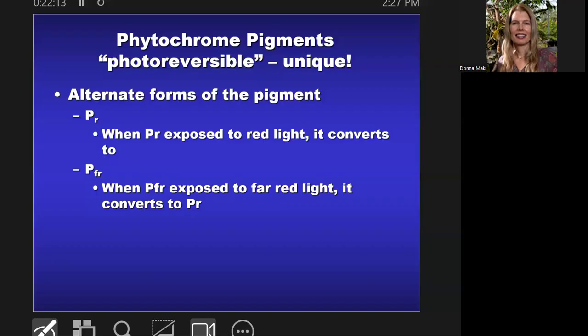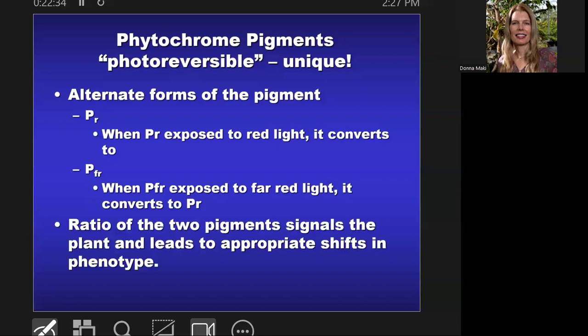So you have to imagine there's a bunch of these pigments in the plant, of course in the leaves. If you think about a forested canopy, some of the leaves are going to be getting hit more with red light, and some other leaves might be getting hit with more far red light. So if you think about the entire plant body, they'll have different amounts of these two types of phytochromes. And it's actually the ratio of how much P sub R I have and how much P sub FR I have, and those ratios are what's really important to the plant.